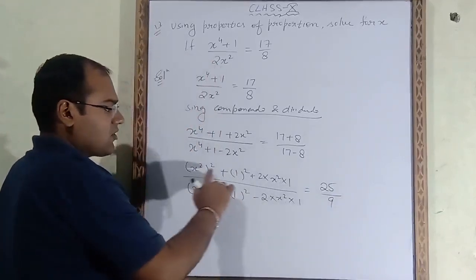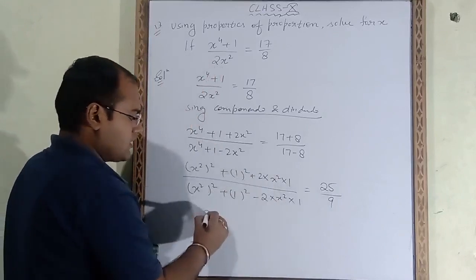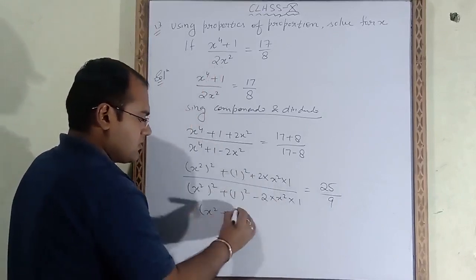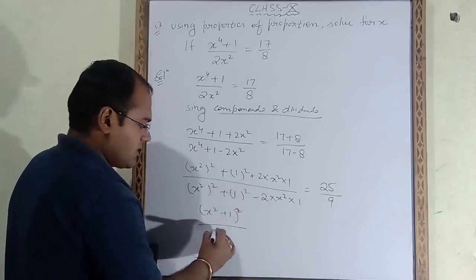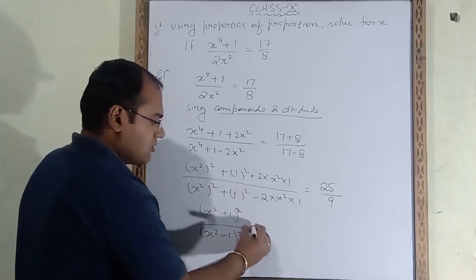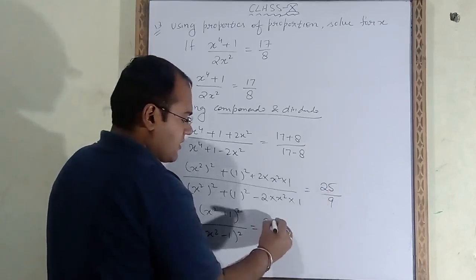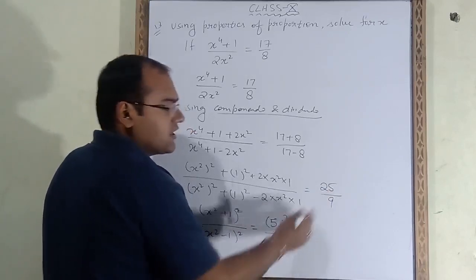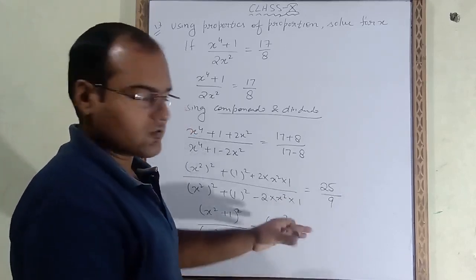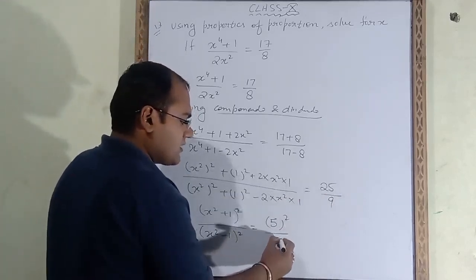Now this is the formula of a square plus b square plus 2ab, that means a plus b whole square. And here a square plus b square minus 2ab, a minus b whole square. 25 means 5 square we can write. Instead of 9 we will write 3 square.